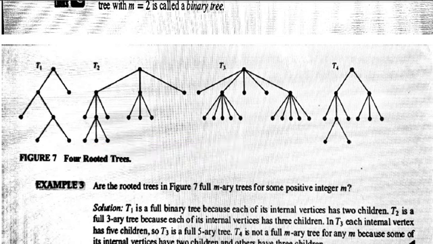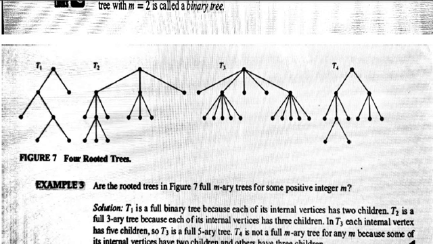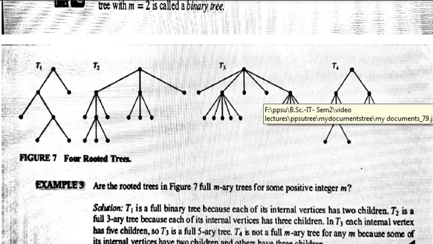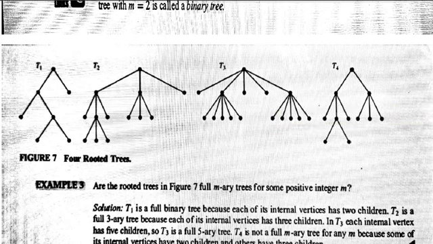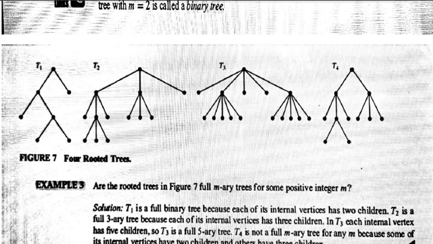For the second example, this is the root and it has 3 children, and each internal vertex has exactly 3 branches, so it is a full 3-ary tree. For T3, if I take this as the root, it has exactly 5 children, and each internal vertex has 5 children, so it is a full 5-ary tree.